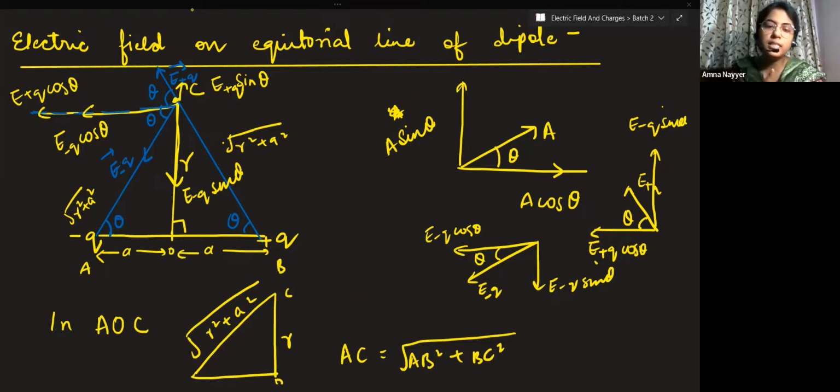Hamza, first tell me, is the resolution clear? Is it clear till here that how we have resolved the vectors? Yes or no, Hamza?